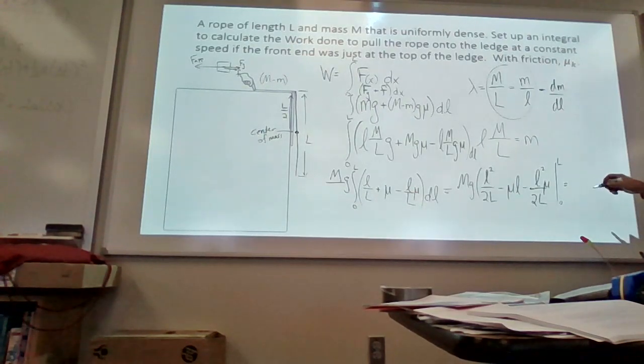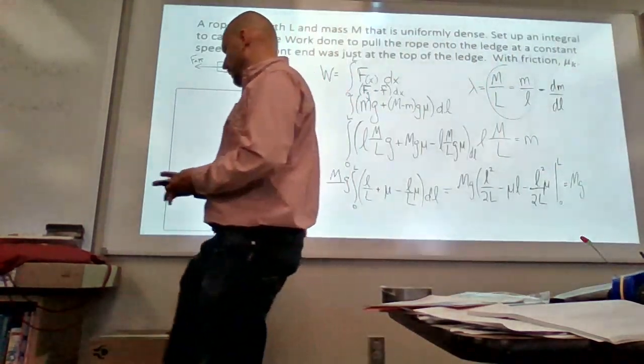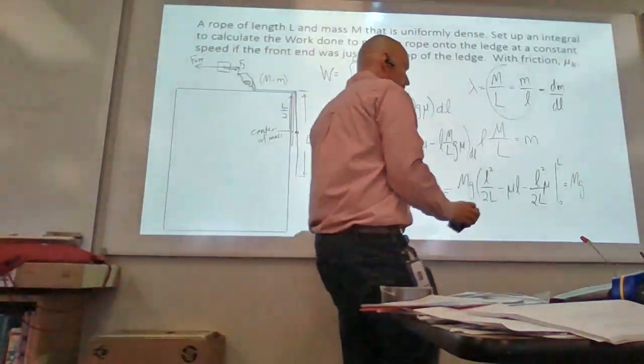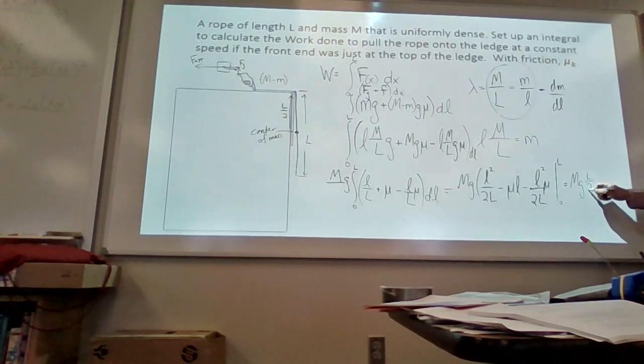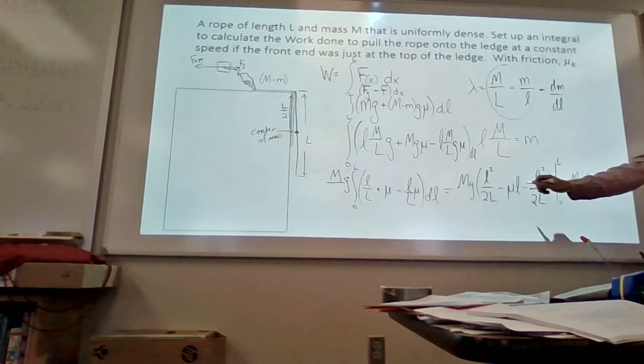So that's going to give me, when I do 0, that's going to knock everything out. mg, one half, I'll just do L over 2 minus coefficient times L. Mu went from plus to minus.